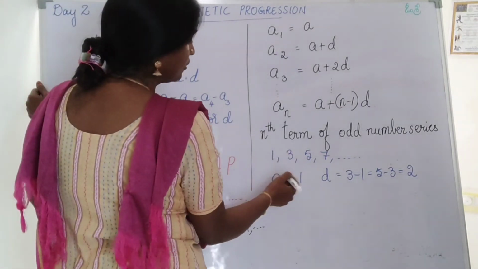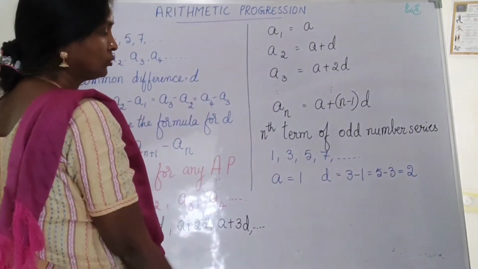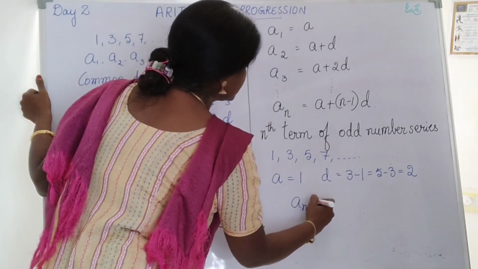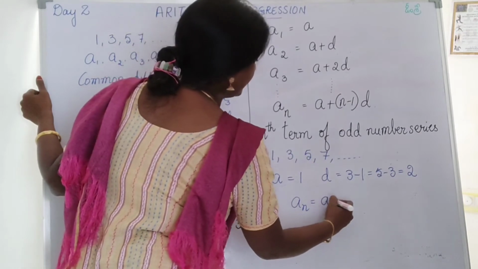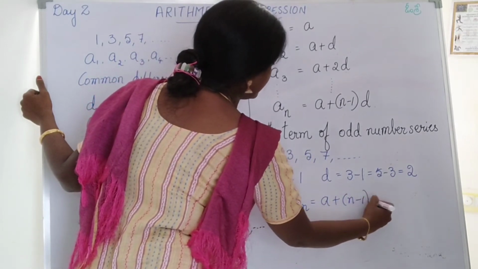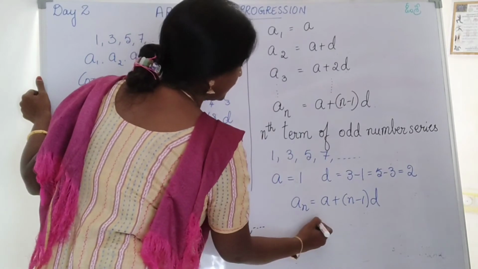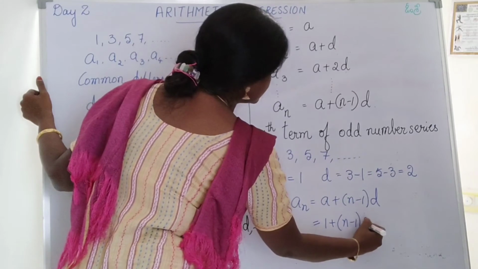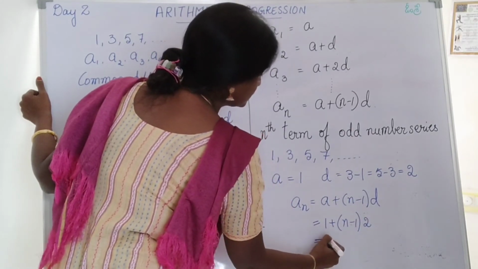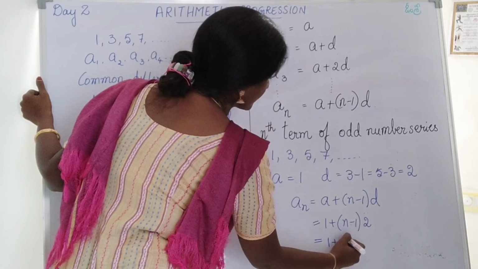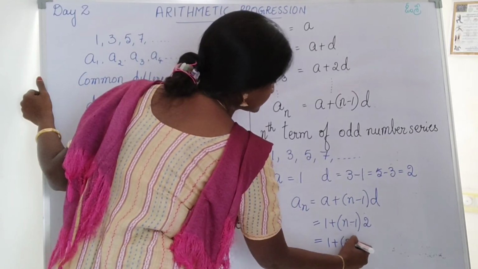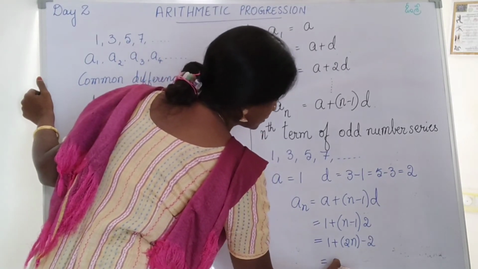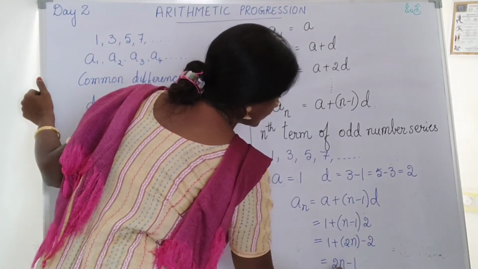When you have the common difference as 2 and the first term as 1, it's easy for us to find the nth term as a plus n minus 1 into d, which is equal to 1 plus n minus 1 into 2, which is equal to 1 plus 2n minus 2, which is equal to 2n minus 1.